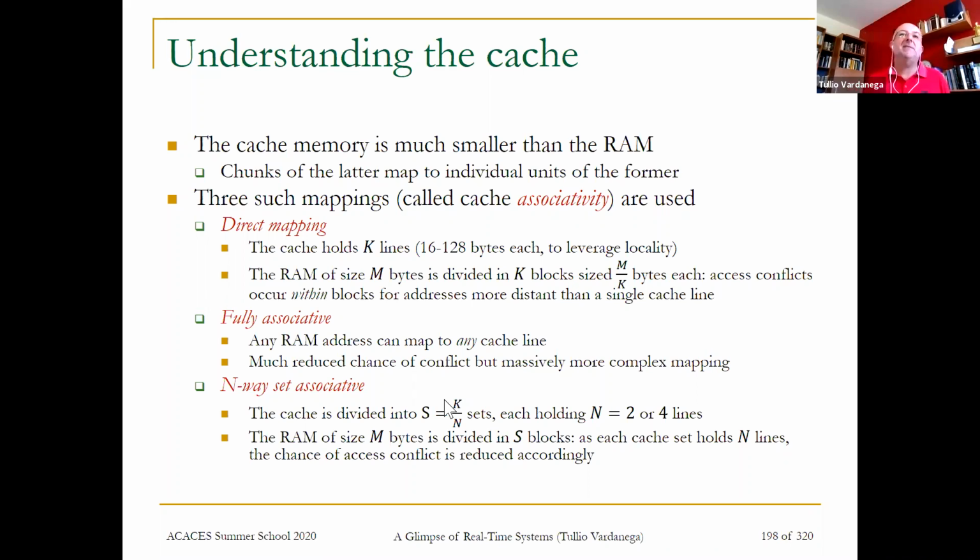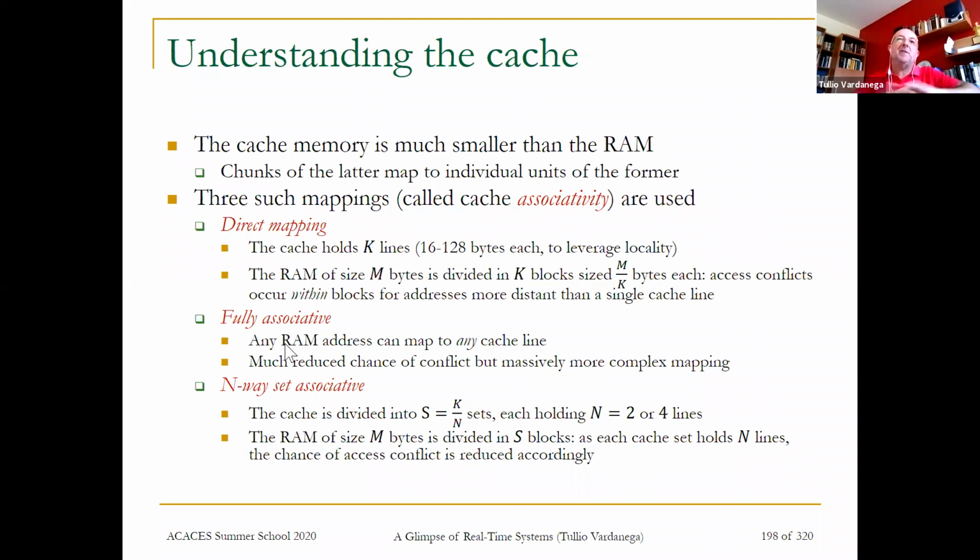One extreme is that anything from the RAM that has to go to the cache, you place anywhere you like. Of course, you have maximum freedom, but it's very difficult to tell where the thing is when you look for it. Because it is the hardware that has to tell, no hardware that I know implements full associativity. So it always gives you a smaller choice of where you can place stuff.